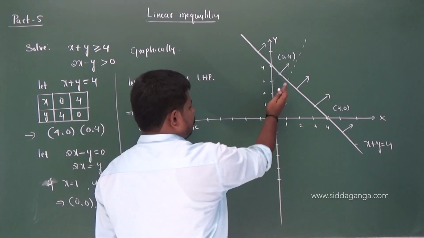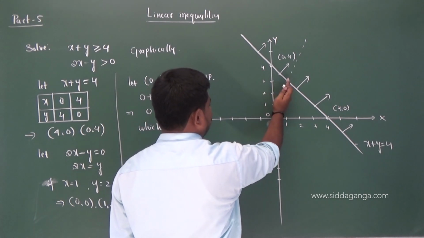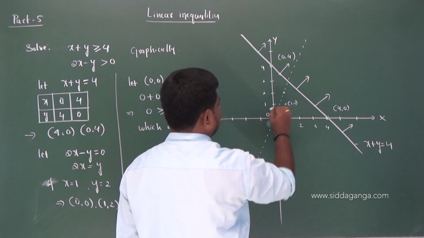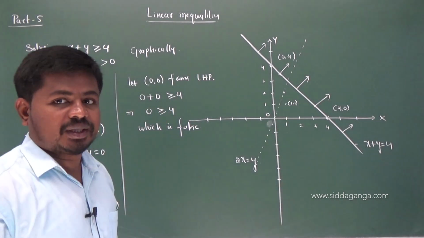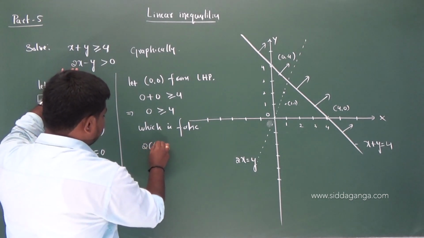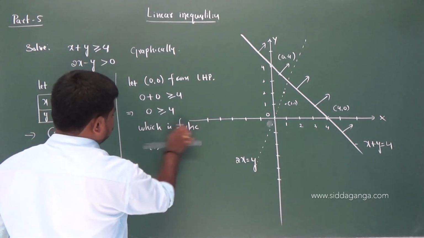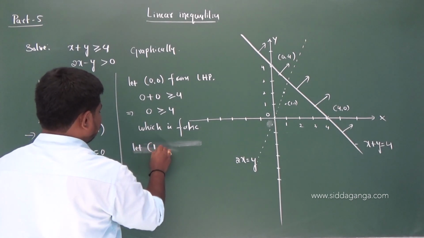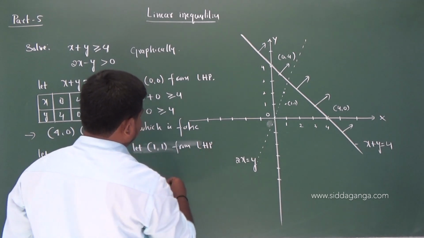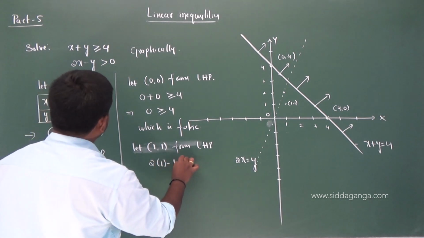Okay. So this is the upper half plane for this inequality or line. This is the upper half plane, this is the lower half plane. I have taken the point 1 comma 1 from the lower half plane to check the solution region. So let us substitute in this. Here we have 2 into 1 minus 1 is greater than 0.